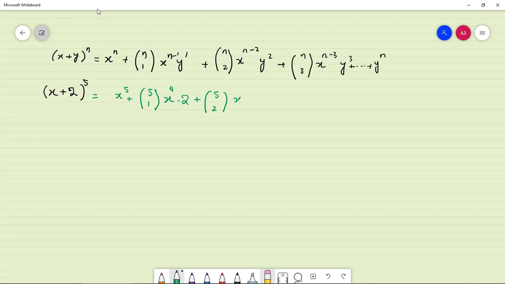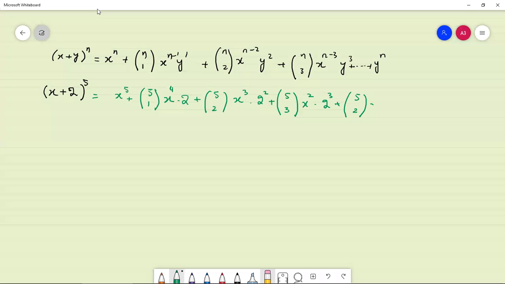Then x power 3 times 2 squared, plus 5C3 x power 2 times 2 power 3, plus 5C4 x power 1 times 2 power 4, and the last term would be 5C5. You don't need to write x power 0, you can just write 2 power 5.